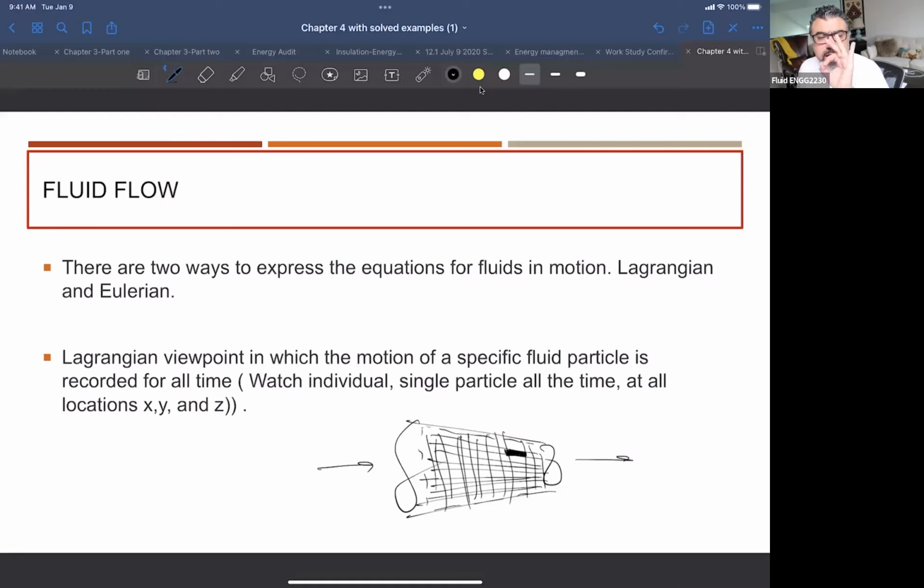So you solve locally. Of course, if you reduce the size of this, it means you are almost approaching a point. But imagine now if you have 100,000 control volumes in this domain, that means you're going to solve the mass, momentum, and energy equations for these 100,000 points. Your computer simulation then tries to find the final result at every single control volume.